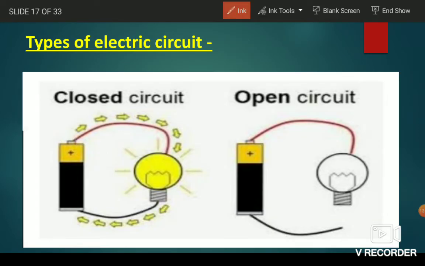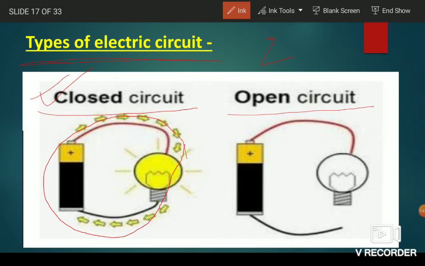Now this electric circuit can be of 2 types. And what are these 2 types? Closed circuit and open circuit. What is a closed circuit? A circuit is said to be closed when the path is complete and flow of current takes place. As you can see here in the first picture, the path is complete. So the current is flowing, and that's why the bulb is glowing.